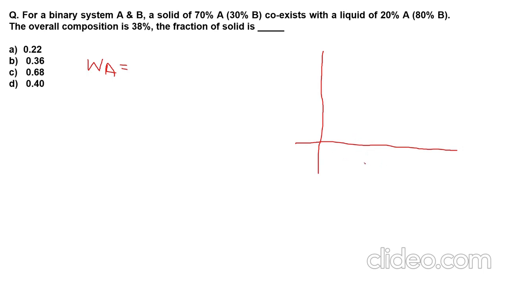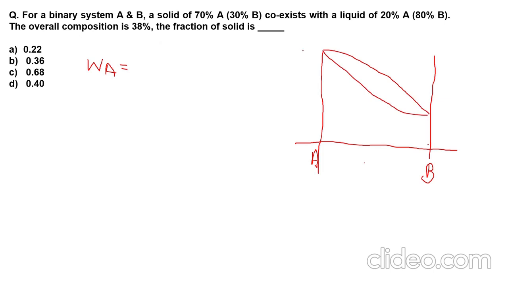Here we have to construct the phase diagram. So we have a system A and B. Just going by one terms, we have A here and B here. We are saying it has a solid of 70% A coexisting with a liquid of 20% A. Because we have a binary diagram, we know it will form an isomorphous diagram like this. The overall composition is 38%.